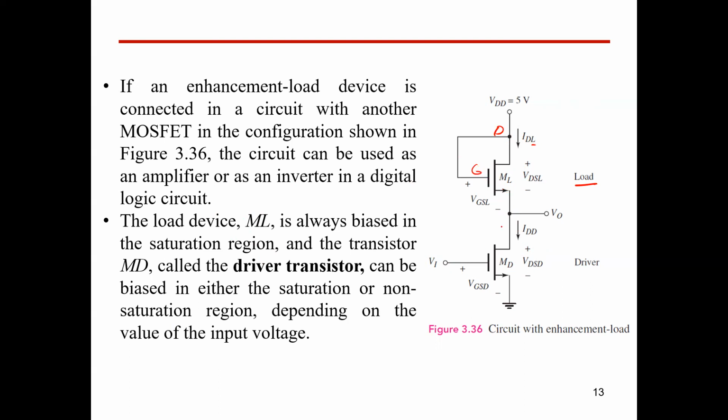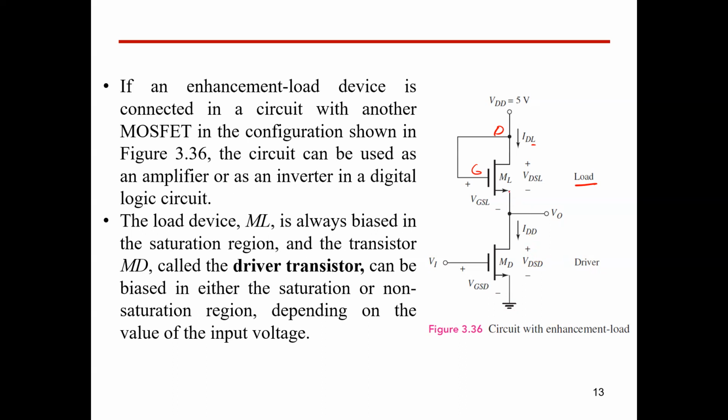And this is a regular MOSFET, but we are going to say this is the driver MOSFET. Why? Because it's used in applications of drivers and inverters. So this circuit is used mainly in drivers and inverters. We will see an example and discuss in detail why this circuit is called an inverter.